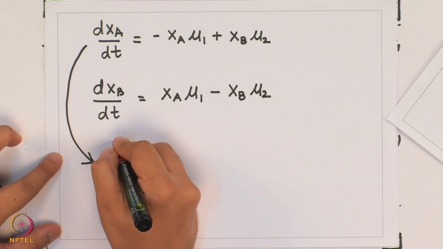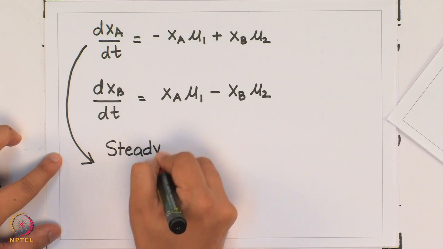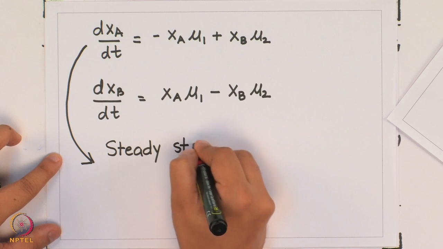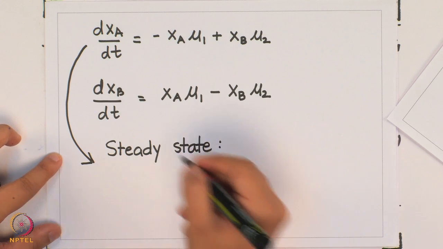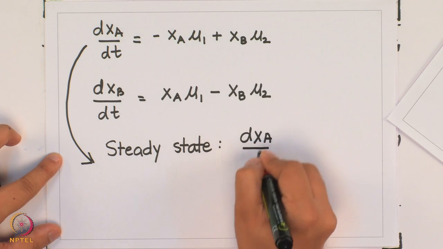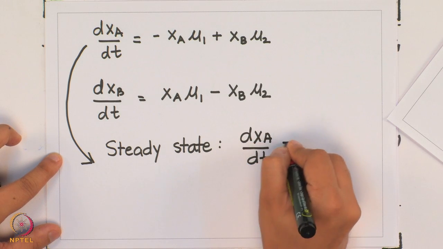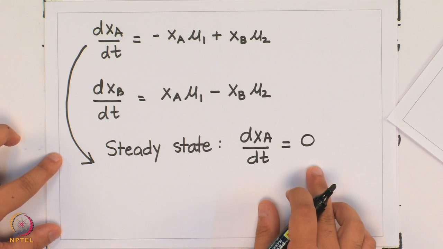So, now if we want to understand the steady state or states of this particular equation, we will do what we have been doing so far: put the derivative dxa by dt equal to 0 and find out the values of xa for which this relationship holds.